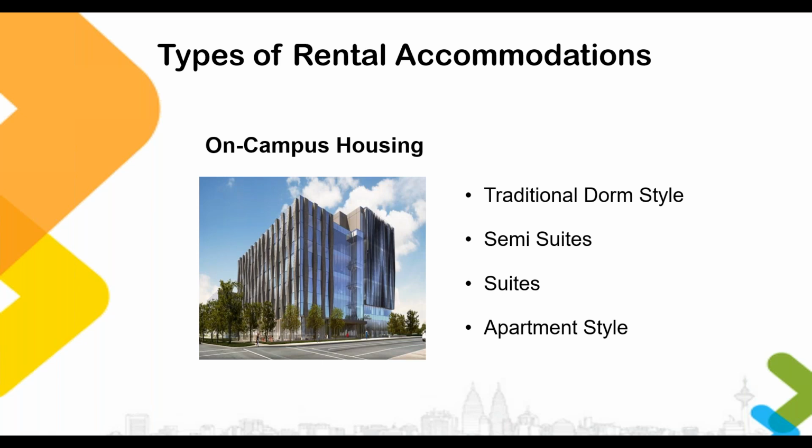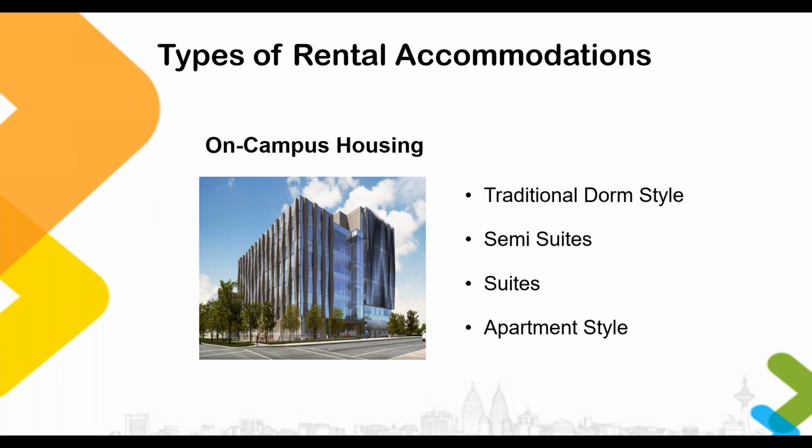Now, if you're deciding that you will be living on campus, there are a few traditional accommodations. For example, there are the traditional dorm style suites, there are semi-suites, there are suites, and there are apartment style accommodations. How do they differ? Well, the traditional rooms would sometimes consist of more than one student in a particular room.